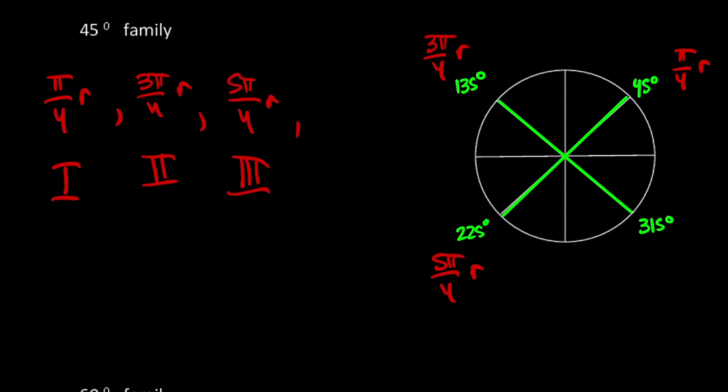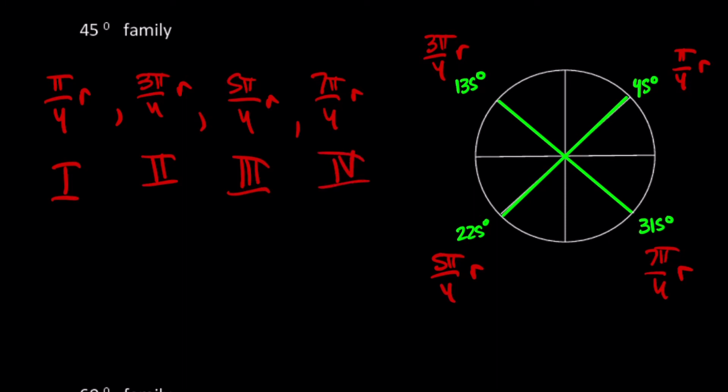And now in the fourth quadrant, that's 2 pi, and I'm subtracting pi over 4. So to get this to be a fraction with 4 in the denominator, you think of it as 8 pi over 4 minus pi over 4. That gives you 7 pi over 4. So that's what my fourth quadrant angle is. So 7 pi over 4 radians is my fourth quadrant angle.